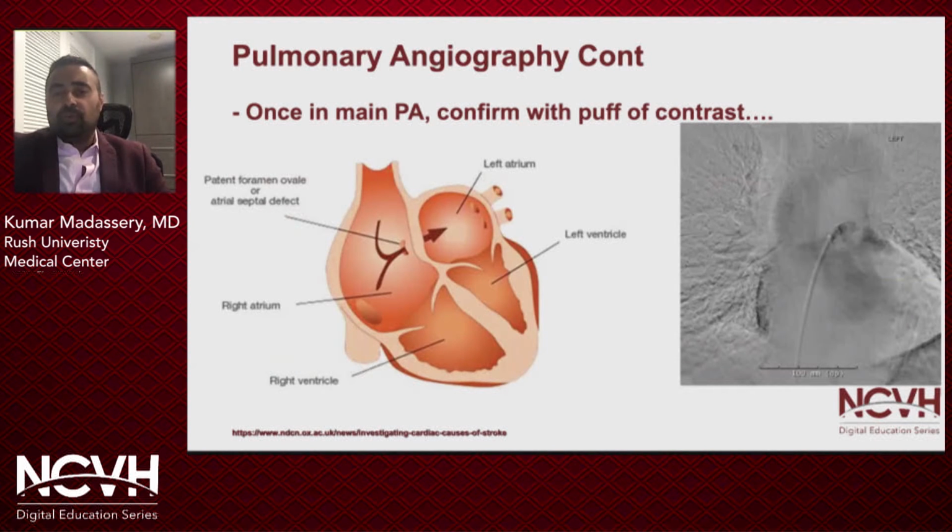So before you do anything else, it's always good to do a puff of contrast, especially when the location of your catheter doesn't look appropriate. As you can see on the cartoon, you're trying to go from the right atrium through the ventricle, but instead it goes right through the PFO, and you think you may have gotten to the right place when in fact you have not. It's important to catch it before you make a bigger sheath or any other devices go through there.